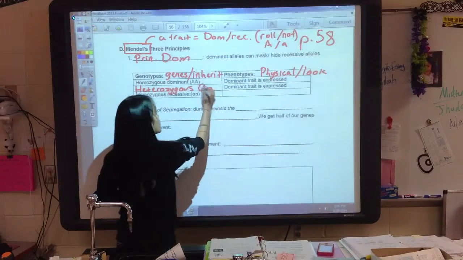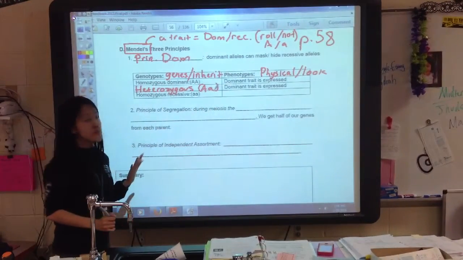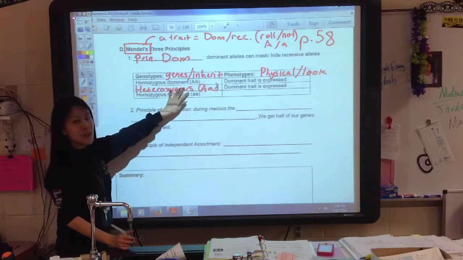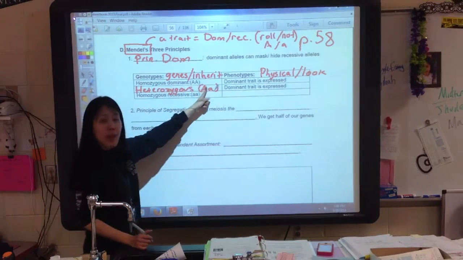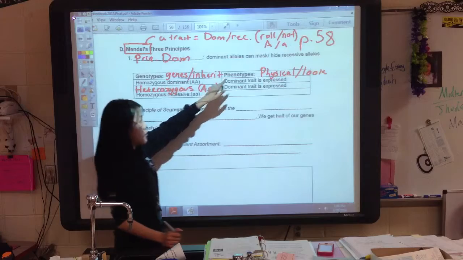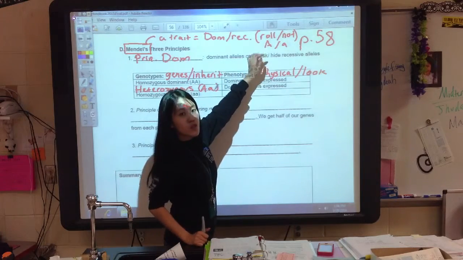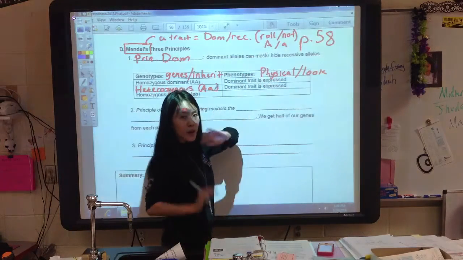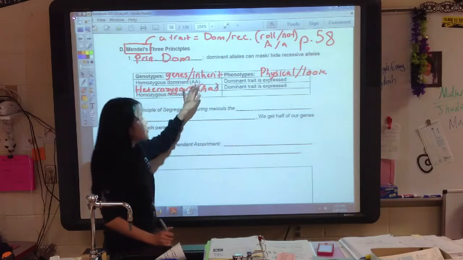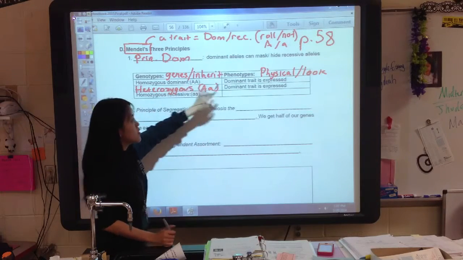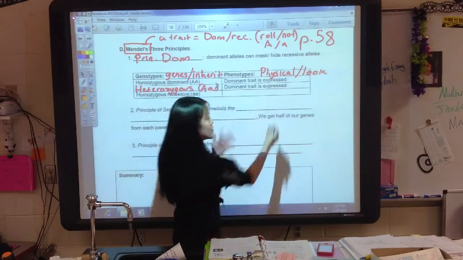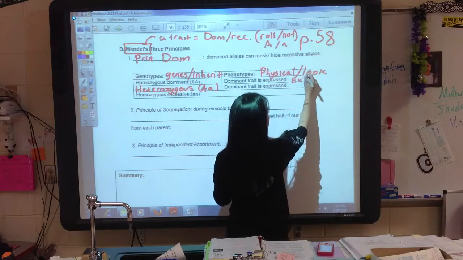You can have 3 types of genotypes. If you're homozygous dominant, that means you have 2 big A's. That means you receive 2 alleles, one from each parent, mom and dad, that says you can roll your tongue. So that means your dominant trait is expressed. For example, your tongue roll.